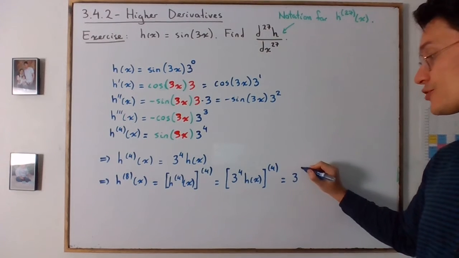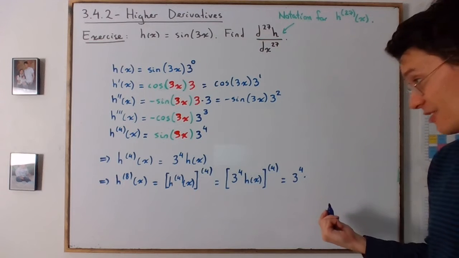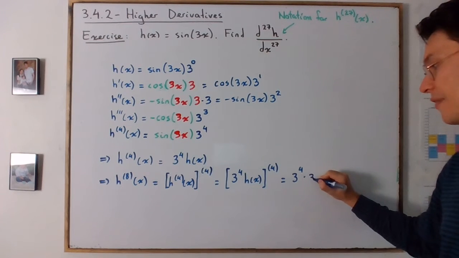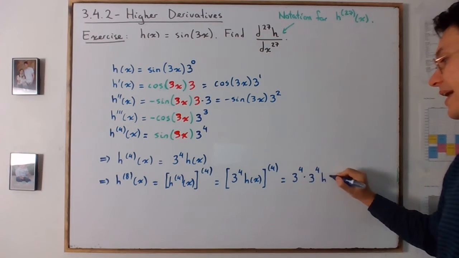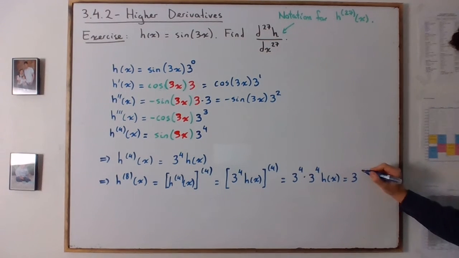Now you're going to get here 3 to the power of 4, and taking 4 derivatives of h of x will bring you another 3 to the power of 4 h of x. So in other words, you will have 3 to the power of 8 times h of x.